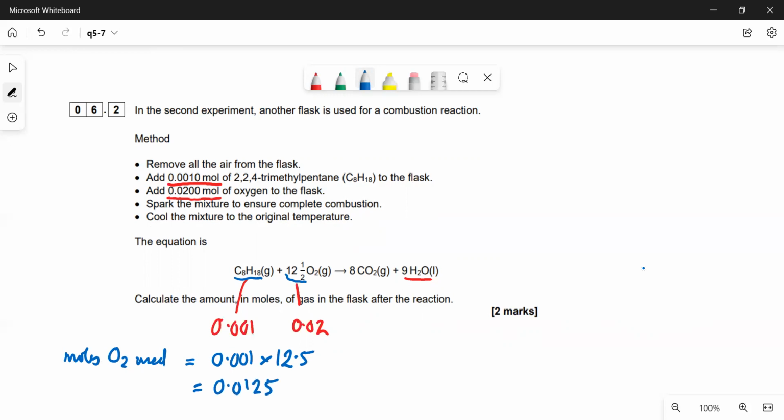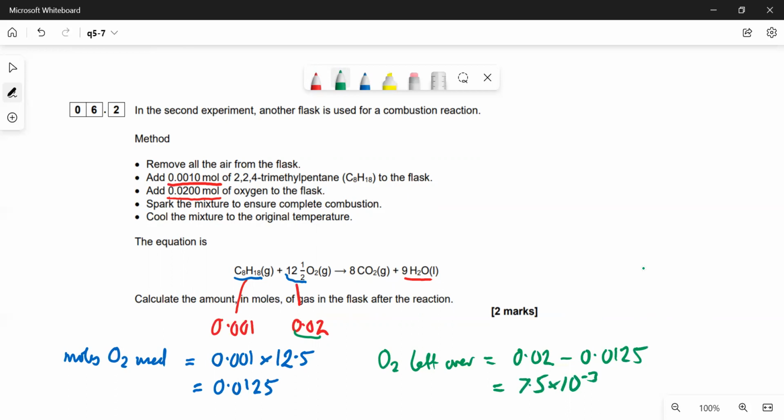So how much oxygen have we got left over? Well, it's the original amount, 0.02 minus 0.0125. And that is equal to 7.5 times 10 to the minus 3 moles of oxygen. So we've got that much oxygen left over.